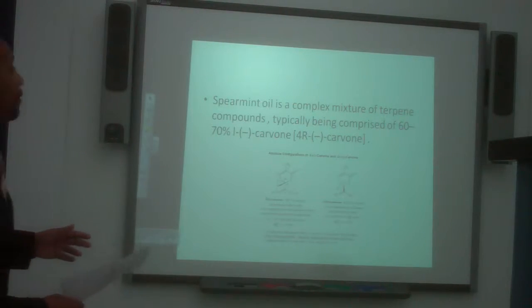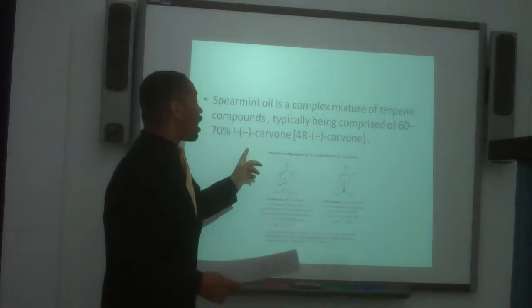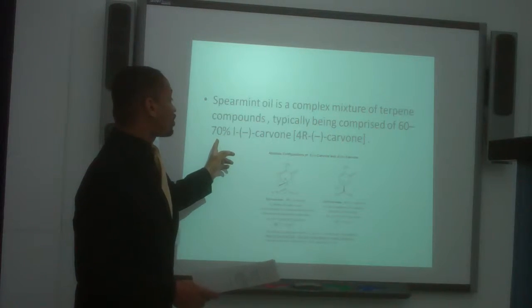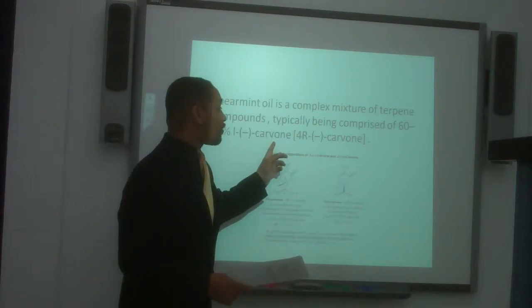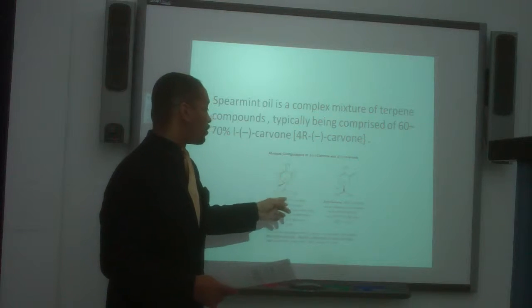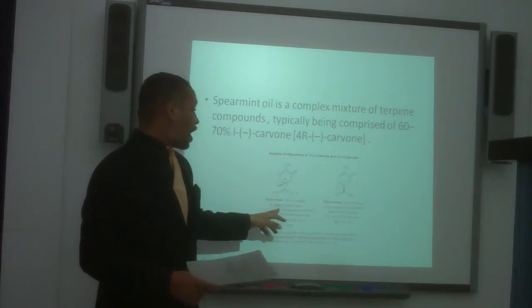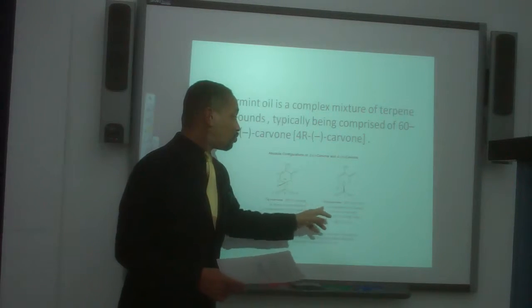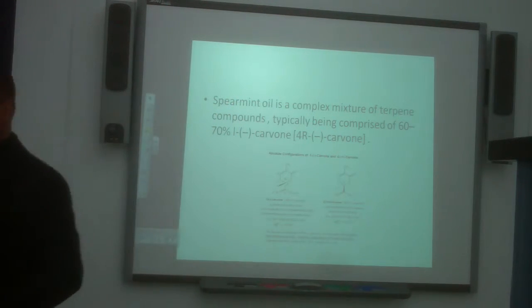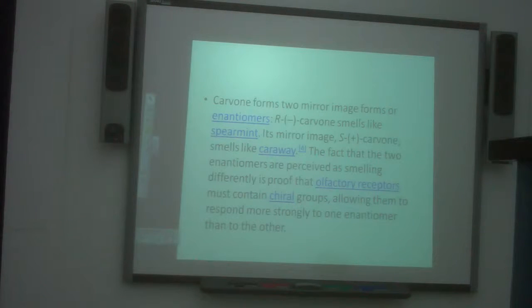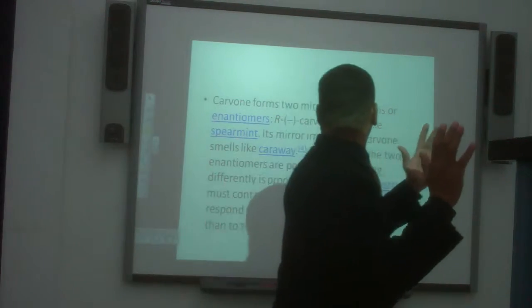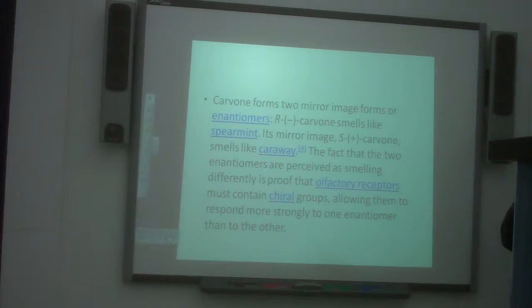Spearmint oil is a complex mixture of terpene compounds, typically comprised of 60 to 70% L-carvone, 4R-(−)-carvone. So this is a PowerPoint that you have in your possession that has the two enantiomers of carvone. Carvone forms 2 mirror image enantiomers, an R and an S. The R smells like spearmint.